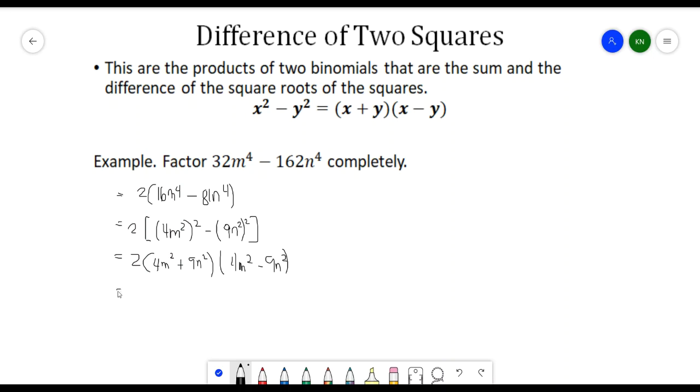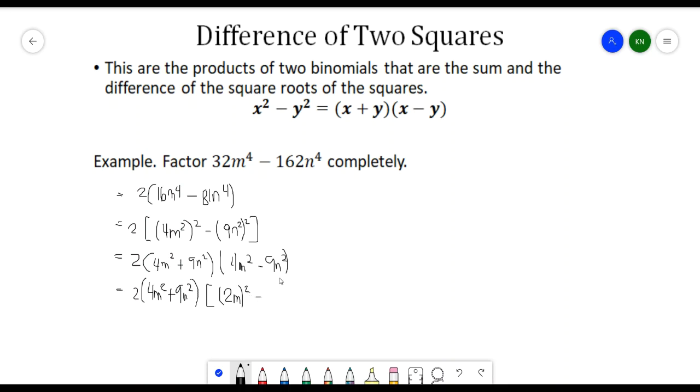So we will just copy this term: 2 multiplied by 4m squared plus 9n squared. Then for this one, we find the square root of each term again. The square root of 4m squared is 2m, then we have the squared outside.